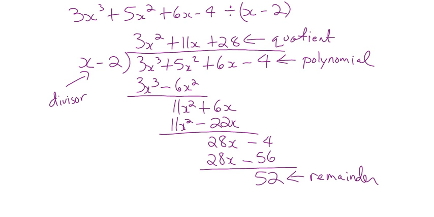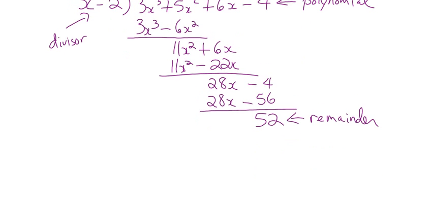So we've got two ways we can express this then, right? We can write this as, a polynomial is equal to the divisor times the quotient plus the remainder. Okay?